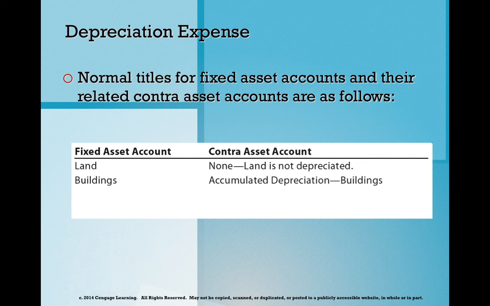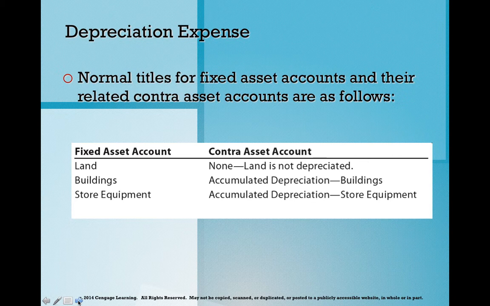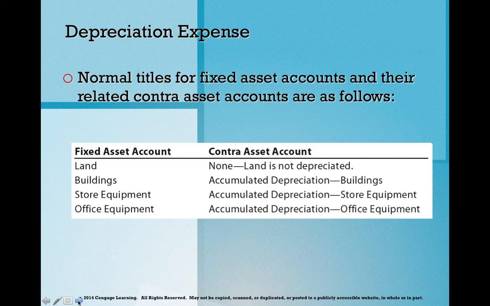Remember that land is not depreciated. It's the one we don't depreciate. Buildings we do depreciate. Store equipment, office equipment. So it's pretty simple. If I've got building, I need to have accumulated depreciation building. If I have store equipment, I need to have an offsetting accumulated depreciation account. That's just how those work.